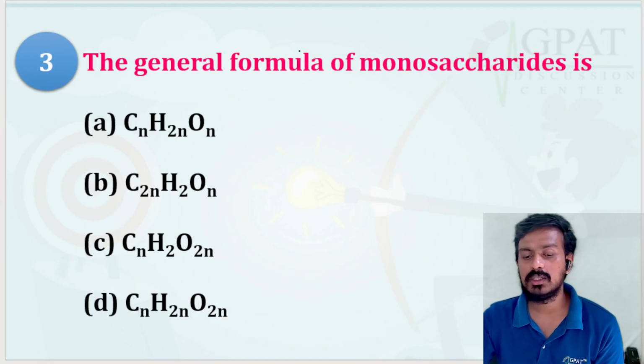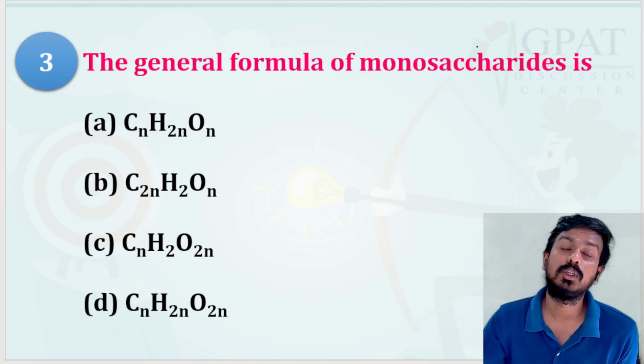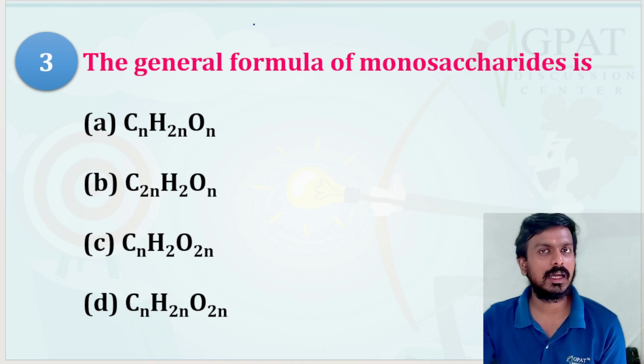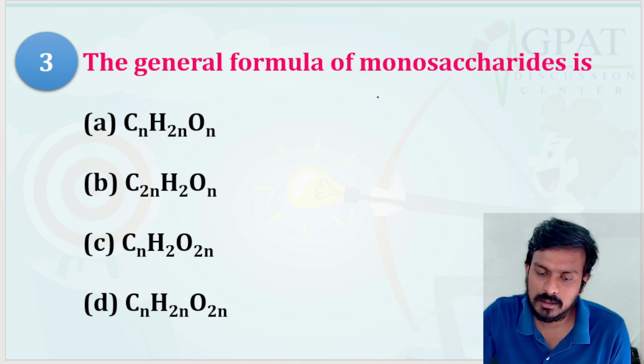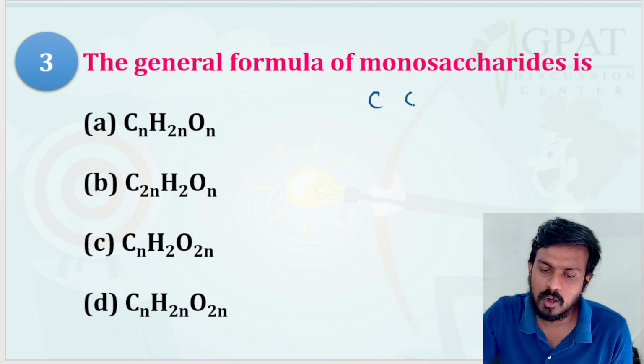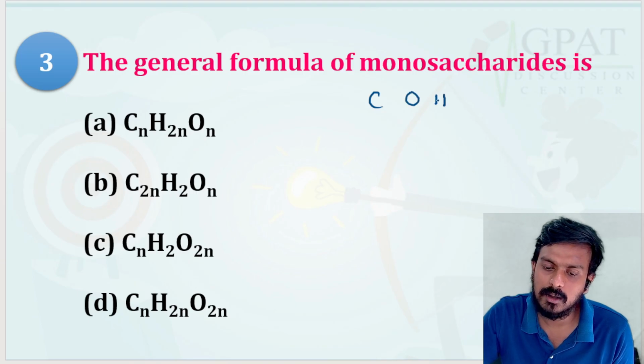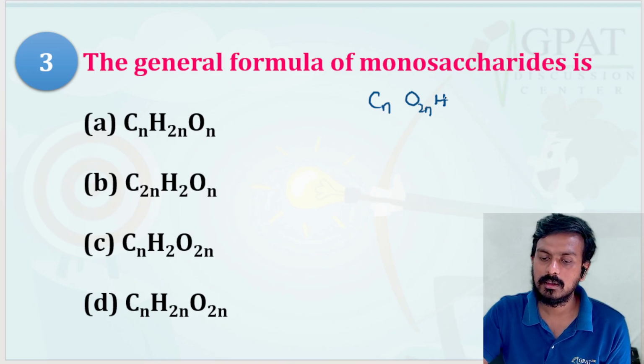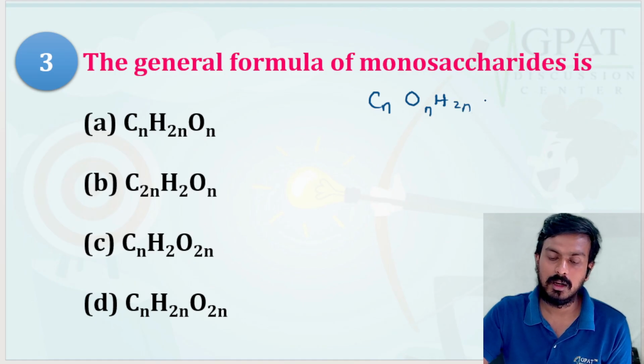Next question. The general formula of monosaccharide. If you remember, we have clearly discussed that monosaccharides are basically made up of three things: carbon, oxygen, and hydrogen. How many carbon, how many oxygen, and how many hydrogen?